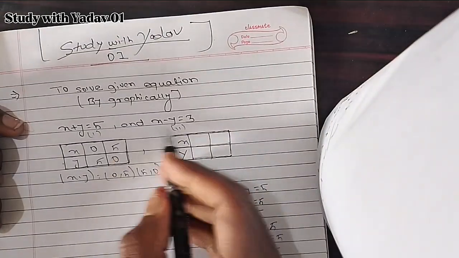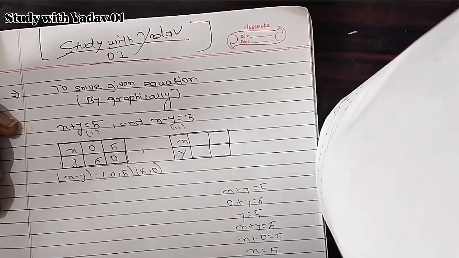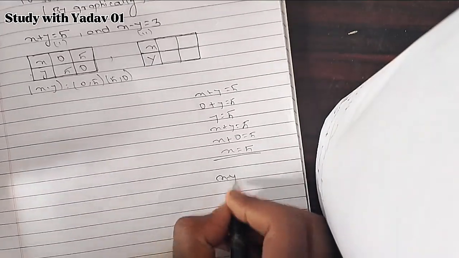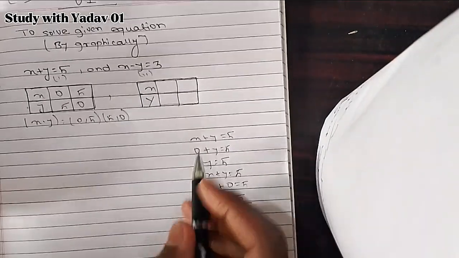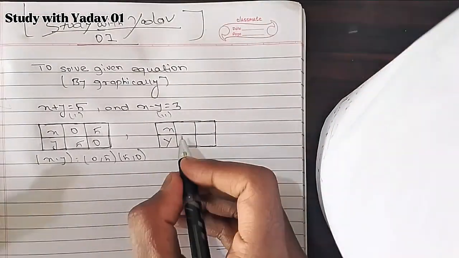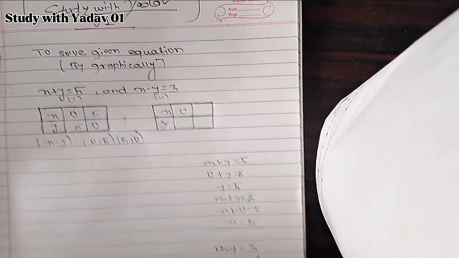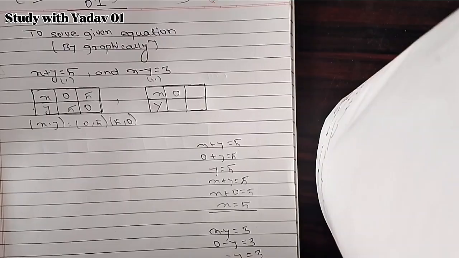And the other equation is x minus y equal to 3. Here we first put x equal to 0: 0 minus y equal to 3, minus y equal to 3, we get y equal to minus 3.